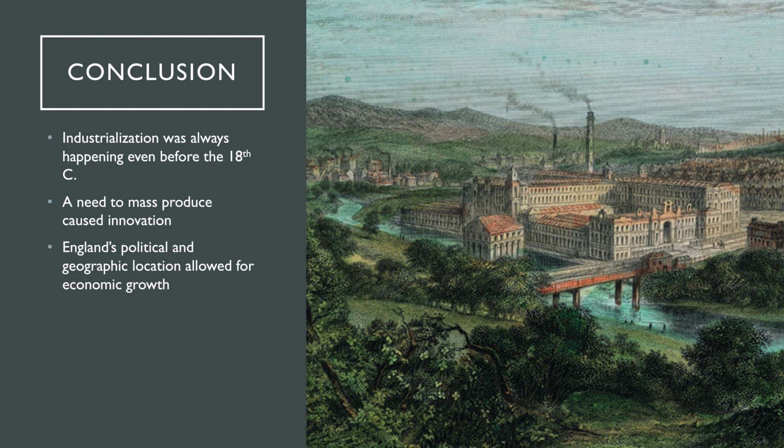In the putting out system, he would show up when they tell him, yeah, we're done, come pick it up, right? In the factory, the entrepreneur can control not only the production of the good, but the life of the labor, right? And I'm going to maybe have an activity where you look at some of the rules that people had to follow when they worked in some of these factories.